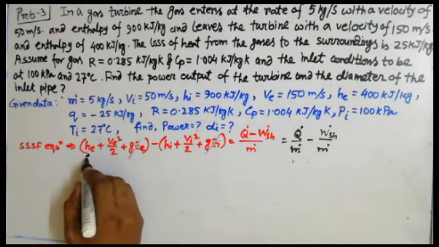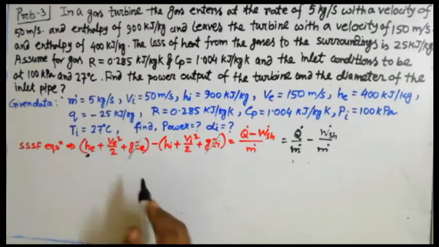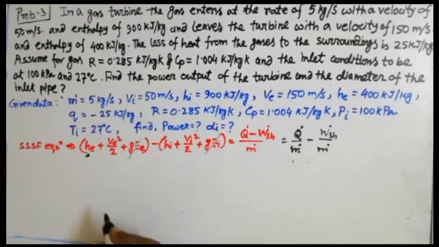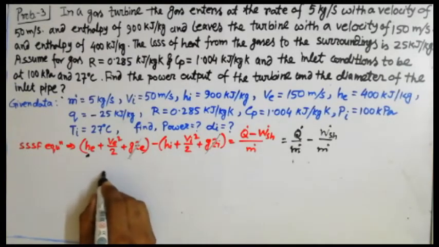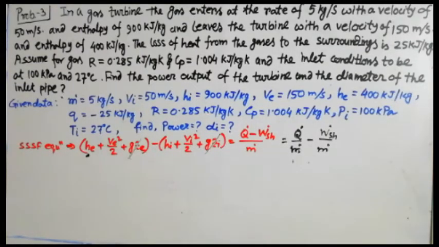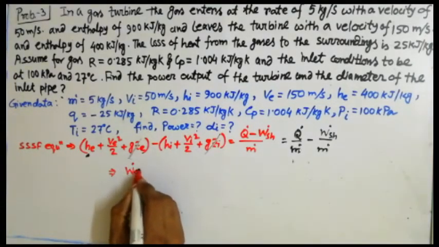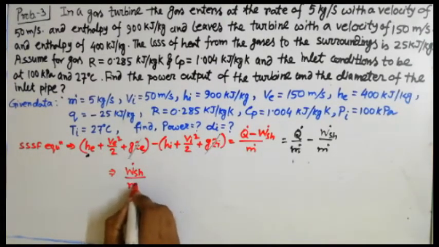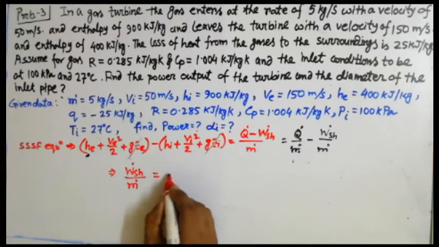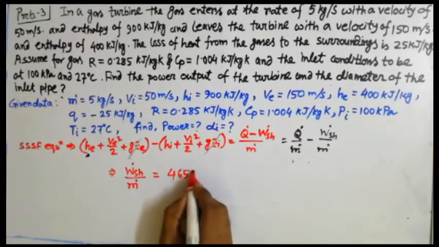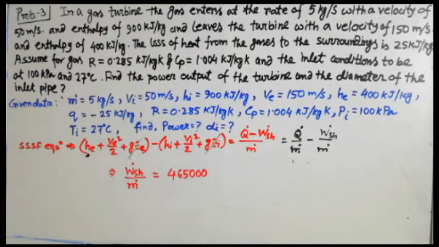The specific enthalpy at exit and inlet are all given. If we solve the equation by putting in all those given values, it will give you an expression. Just do your calculation rightly. It will give you a value of W dot SH by M dot of 465,000.